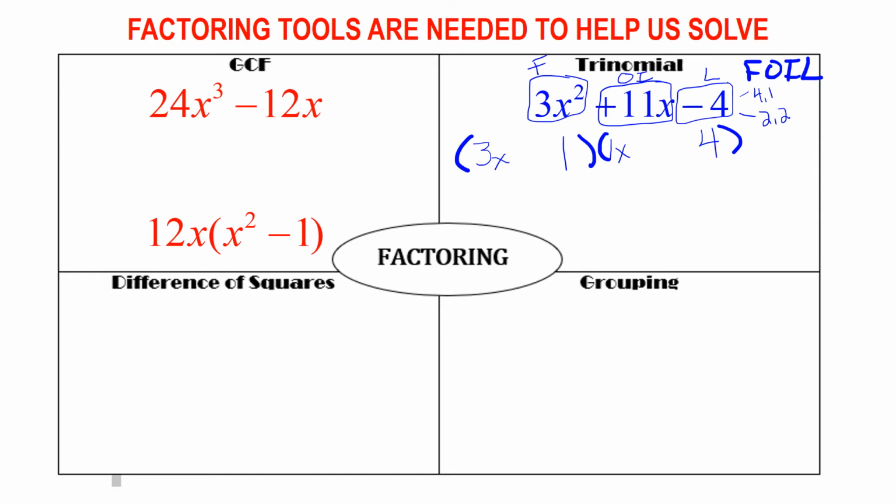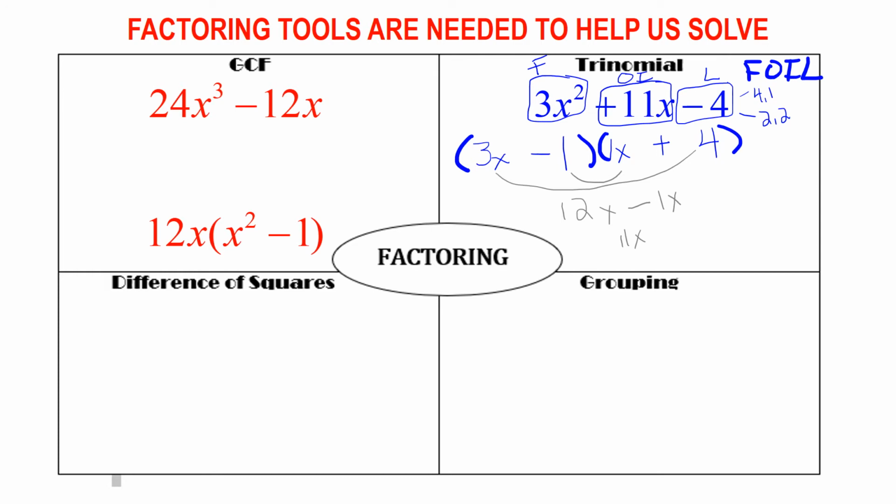If we double check our work, which I'll do in gray, 3x times 4 is 12x, and then 1 times x is a 1x. We want those two numbers to add or subtract to 11. So if I subtract the 1x, I get an 11x, which means I would want the 1 to be negative and the 4 to be positive.